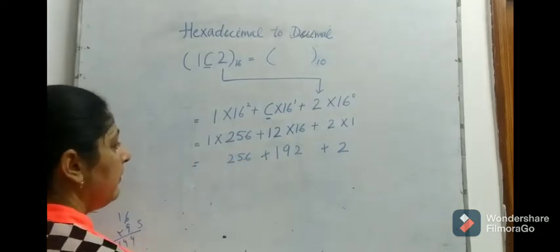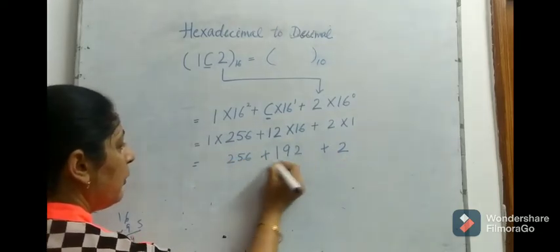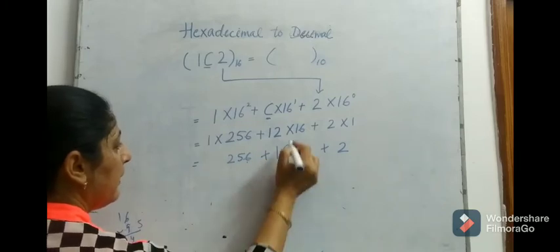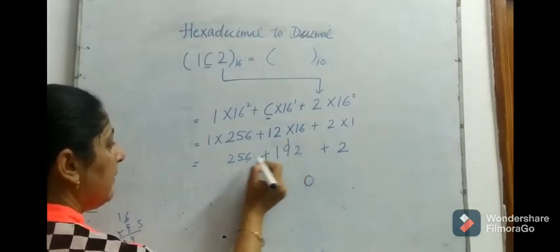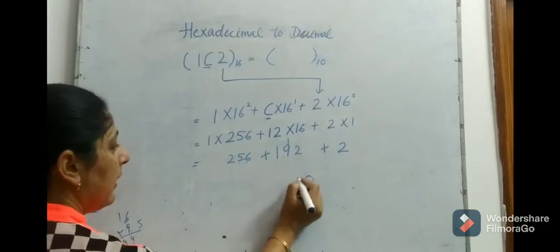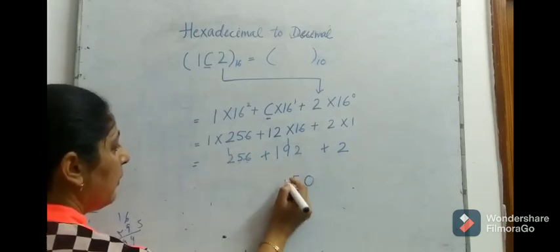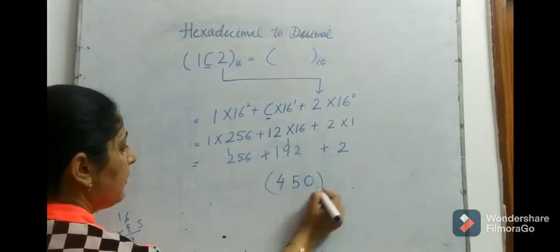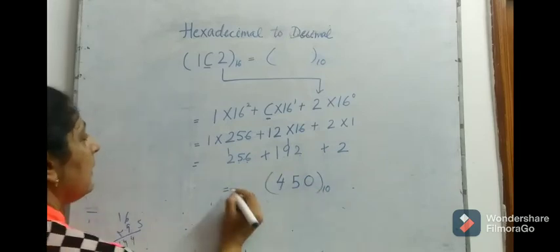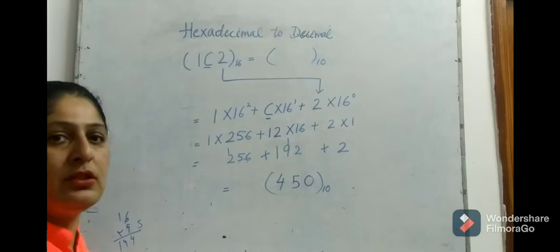So let's add all of them. 2 plus 2, 4. 4 plus 6, 10. So 0 remains, 1 carry. 9 plus 5, 14, and 1, 15. 1 carry. 2 plus 1, 3 and 4. So 450 is the decimal conversion for the number 1C2.